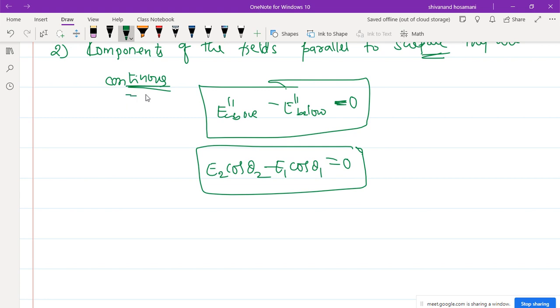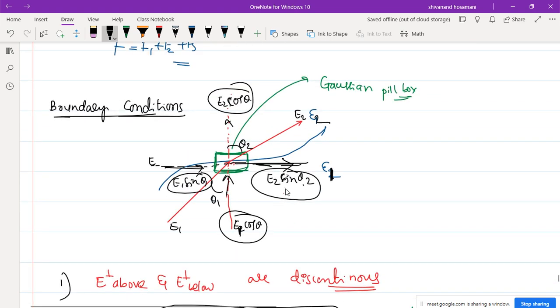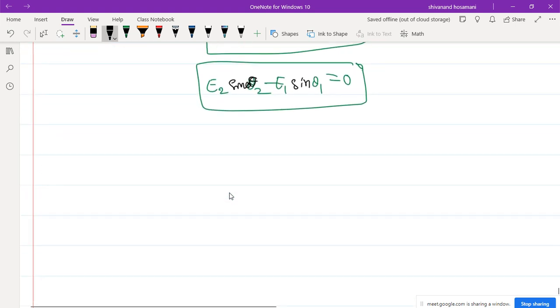Parallel component ಅಂದ್ರೆ, ಸಾರಿ, cos theta ಅಲ್ಲ, sin theta ಬರ್ತೈತಿ. Here it should be sin theta 2, and here also sin theta 1, because parallel components are defined with sin theta 2 and sin theta 1.